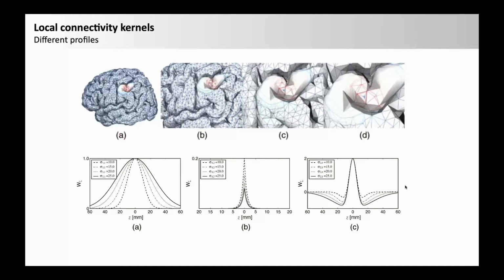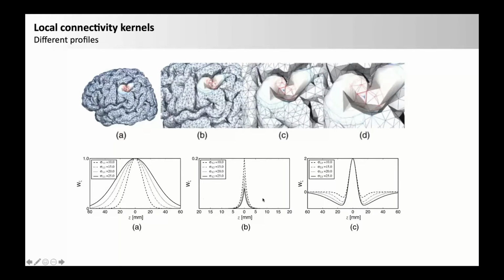And there are these different profiles that you have seen before. The first profile is the Gaussian profile, where the further you are away, this is distance in millimeters, the less likely it is that you are connected to that person. In this case, to that little triangle on the surface.